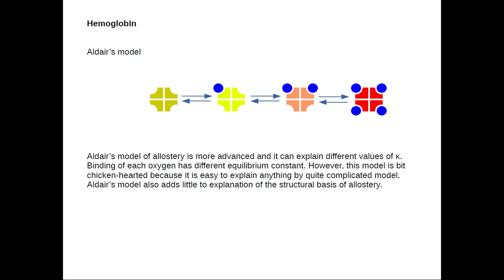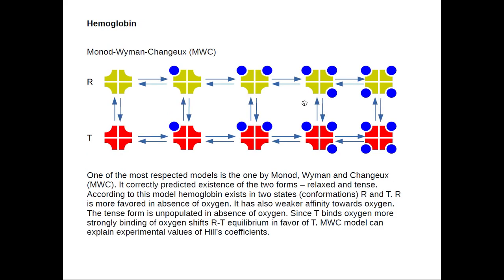But then there was a very successful model by Monod, Wyman and Changeux, and this looks at first sight more complicated, but it is not. In this case, they assume that the hemoglobin without oxygen exists as an equilibrium mixture, where there is equilibrium between the relaxed and the tense state.